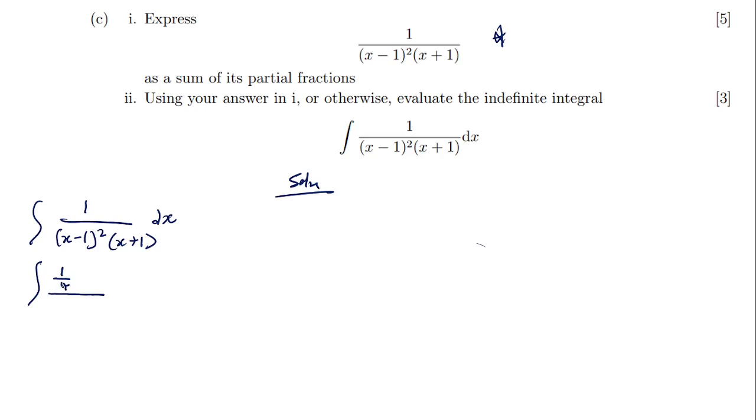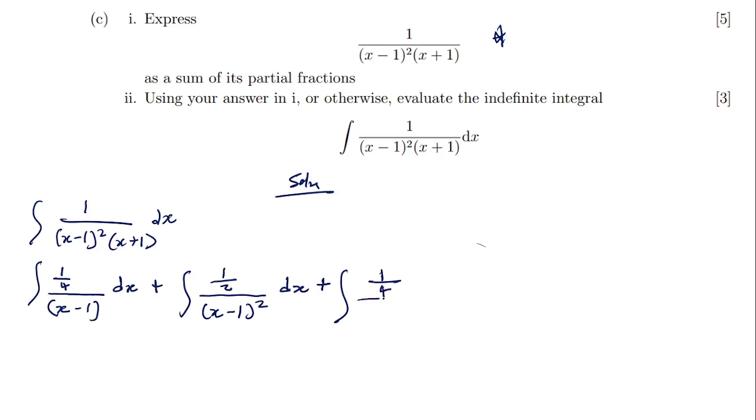So you should make corrections in case of those who are just studying the same document. Plus, for b it was 1 over 2, and then down there it has to be x minus 1 squared, dx, and then plus the integral of the third part which we found, c was 1 over 4, over x plus 1 dx.